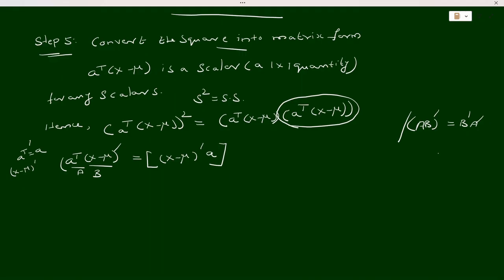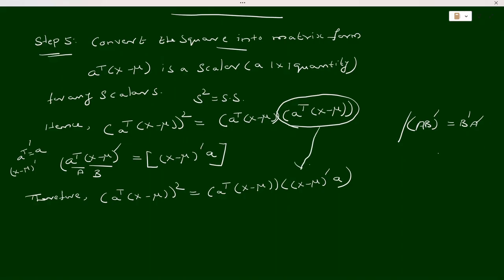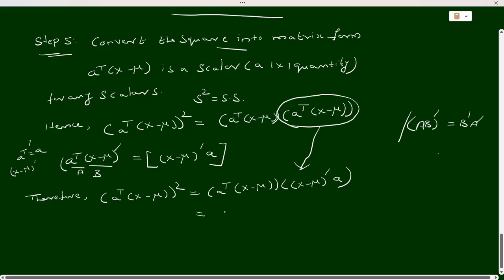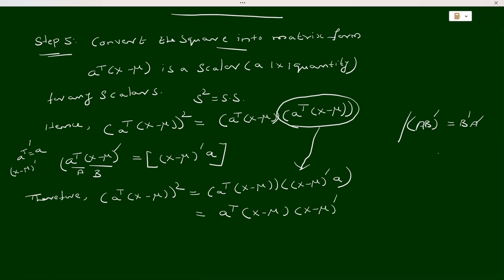Therefore, a transpose (x minus mu) whole square is equal to a transpose (x minus mu) times (x minus mu) transpose a.